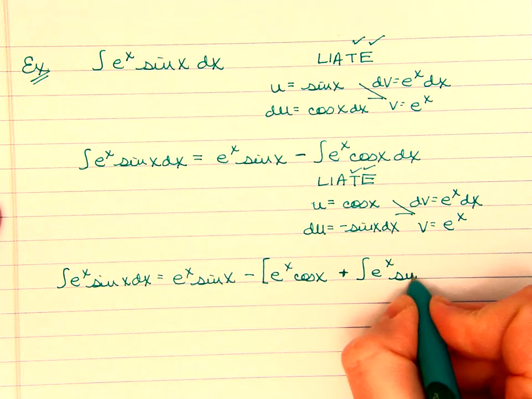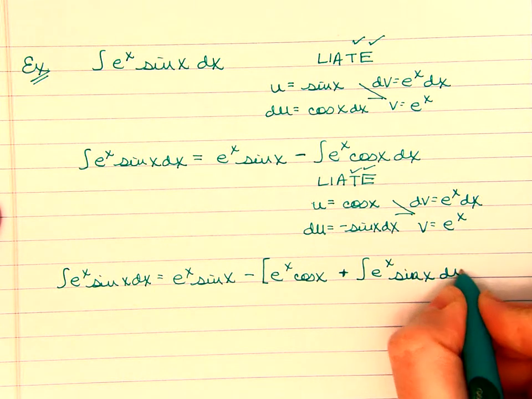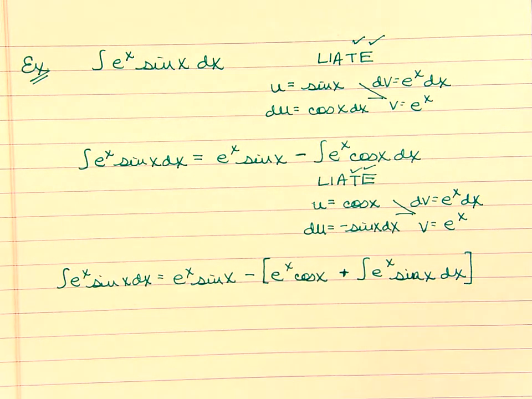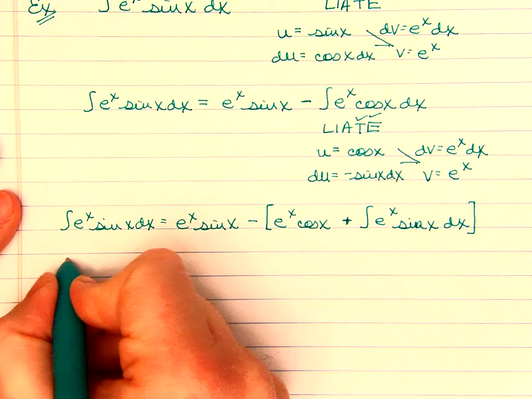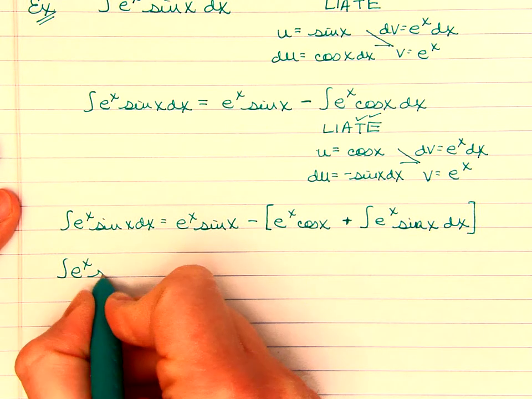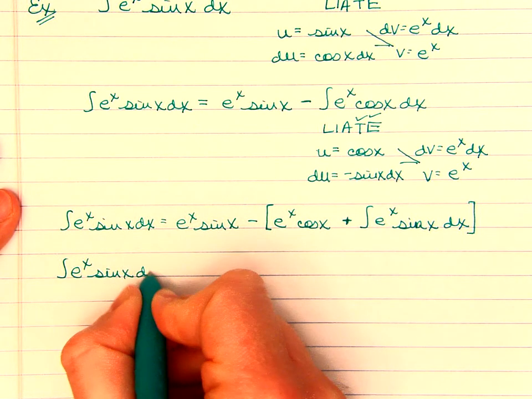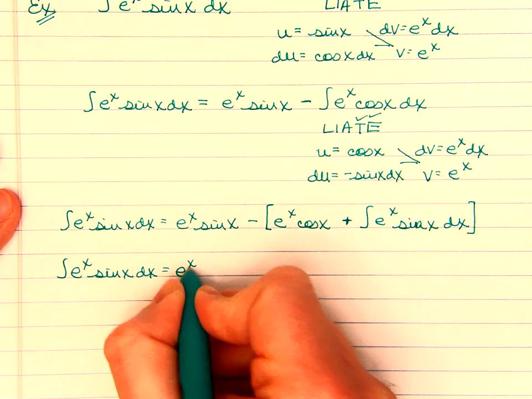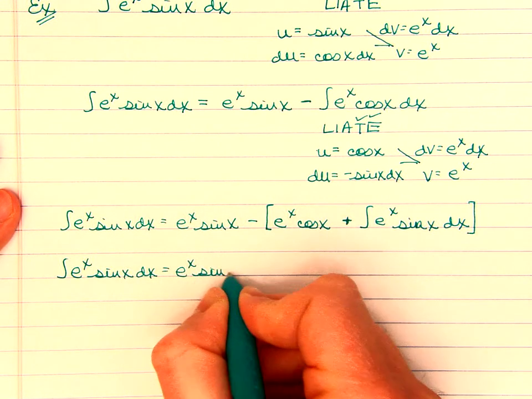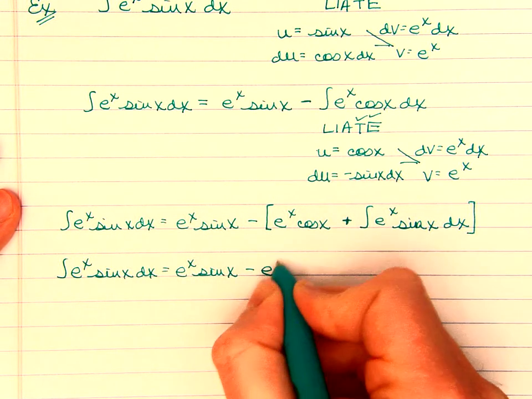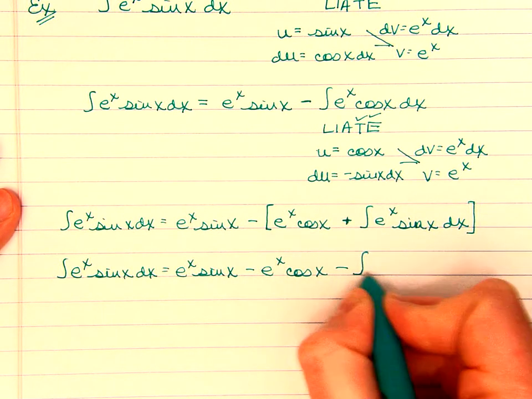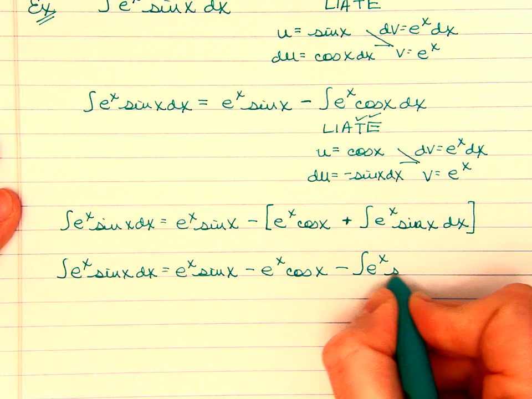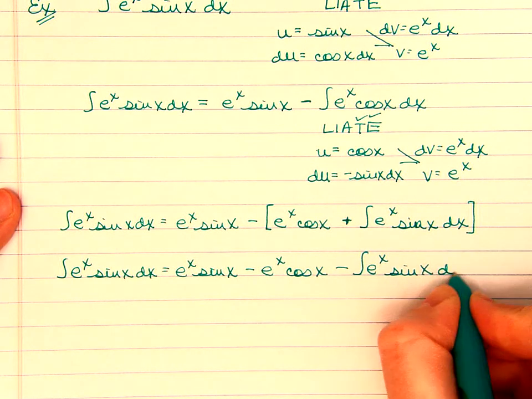Why don't I just say plus the integral of e to the x sine x dx. Okay, let me go distribute the negative and then we'll try to make some sense out of this. Got the integral of e to the x sine x dx equals e to the x sine x minus e to the x cosine x minus the integral of e to the x sine x dx.